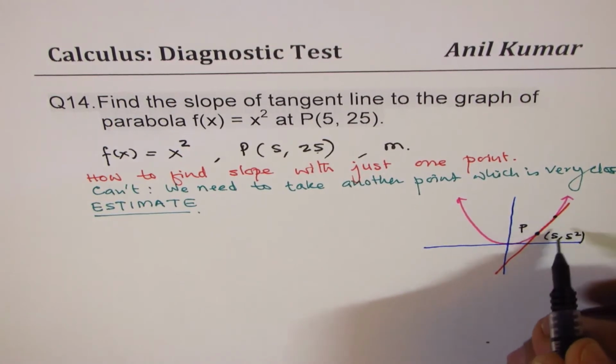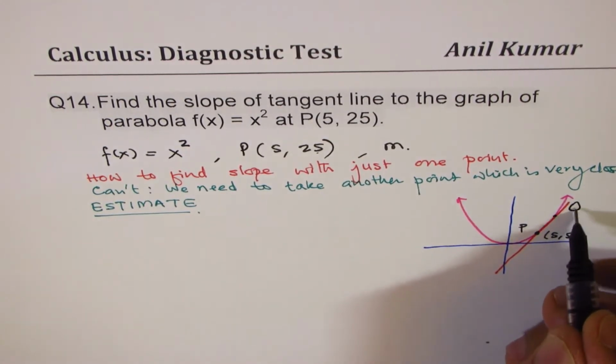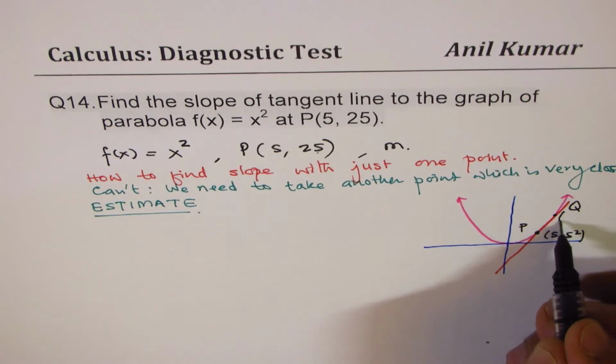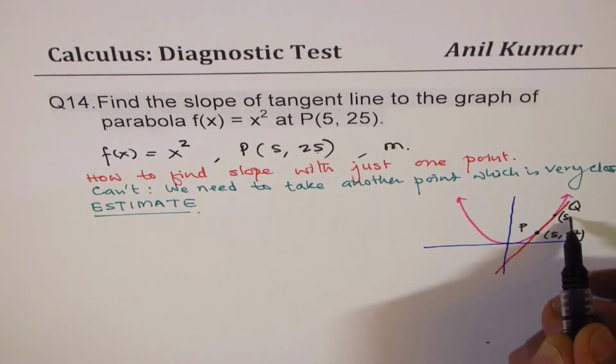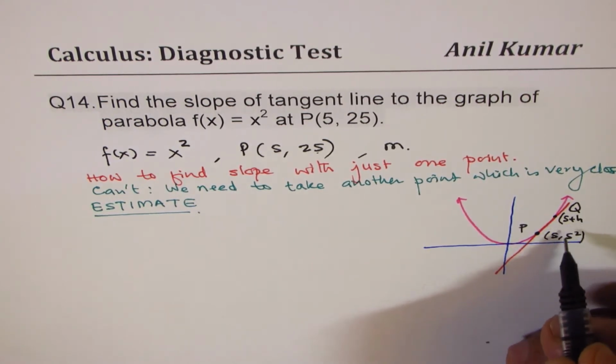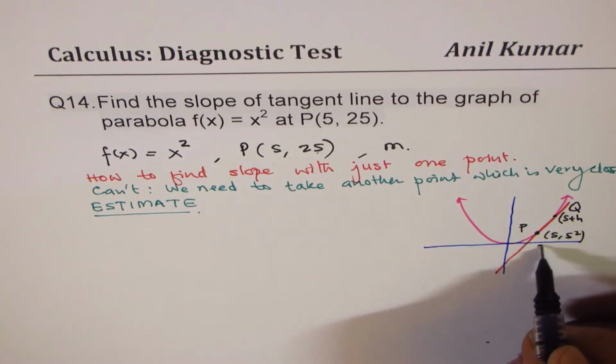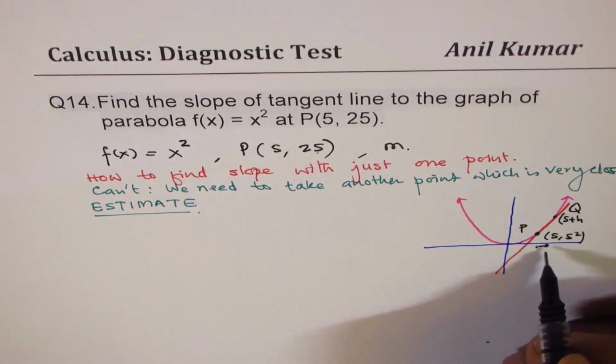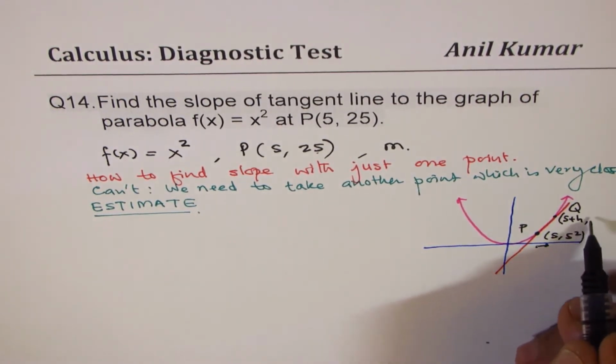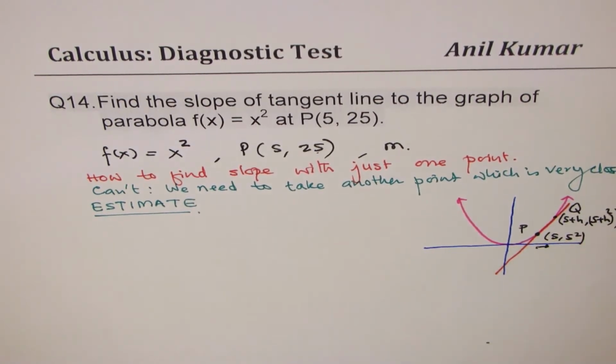I'm considering another point which is close, let's say Q, and the x value here is 5 plus h. h is a small value. Do you see a small value here? Slightly away, and the y value will be (5 plus h) whole squared. Do you get an idea? Is it okay?